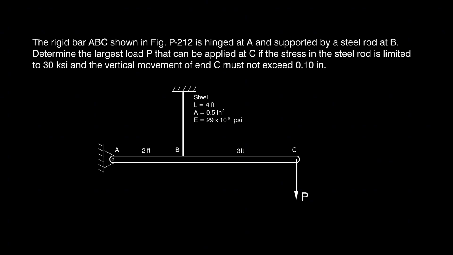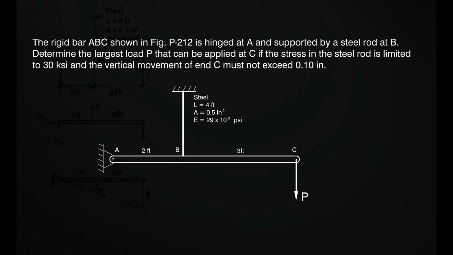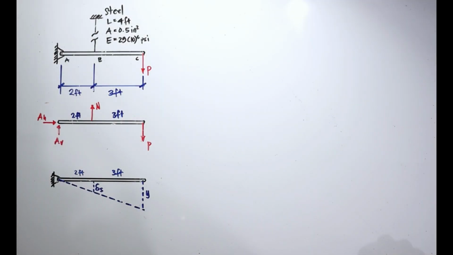If the stress in the steel rod is limited to 30 ksi, and the vertical movement of end C must not exceed 0.1 inch. I have drawn here two figures.